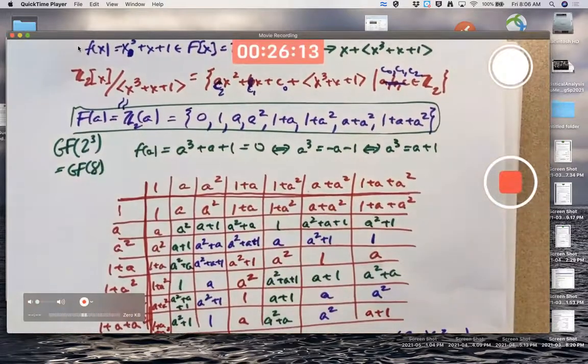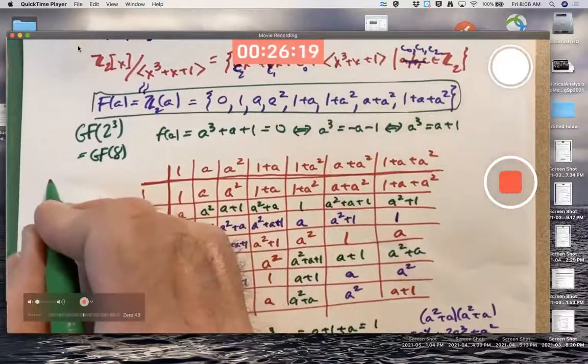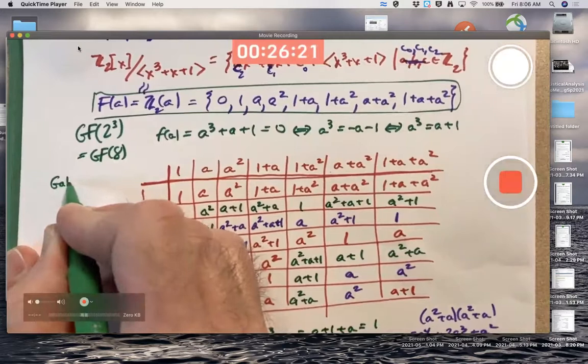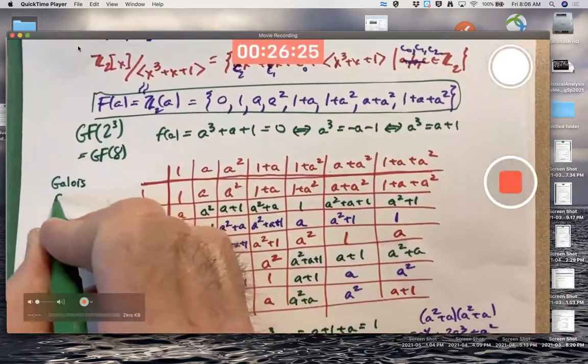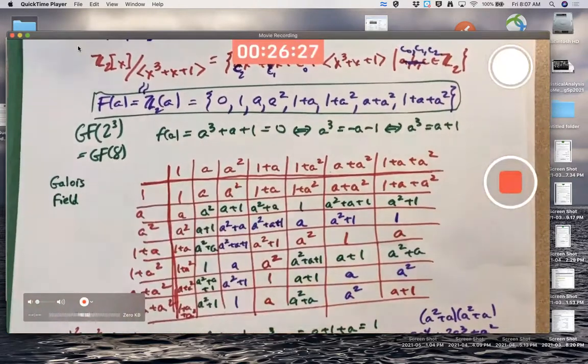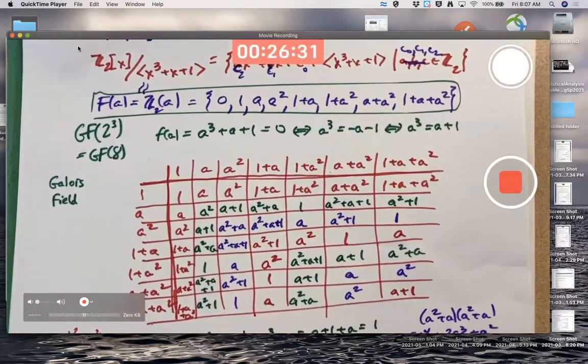GF stands for Galois field. Galois, spelled Galois. Galois field of order 8, 8 being a power of a prime, 2 cubed. Up to isomorphism, it's unique.